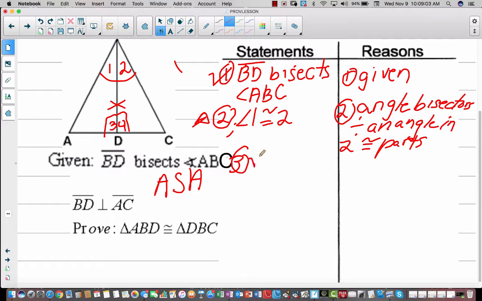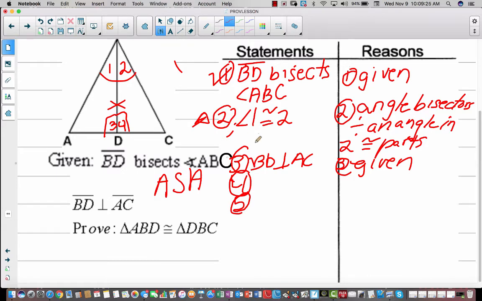My next and last given is BD is perpendicular to AC. And as I stated earlier, that's a two-step routine. I will not give it stars because that's not the new stuff for today. My steps 4 and 5 will be to conclude what perpendicular lines do.